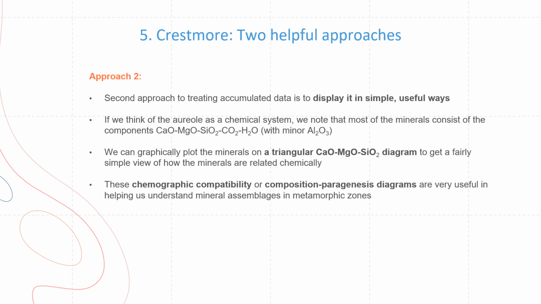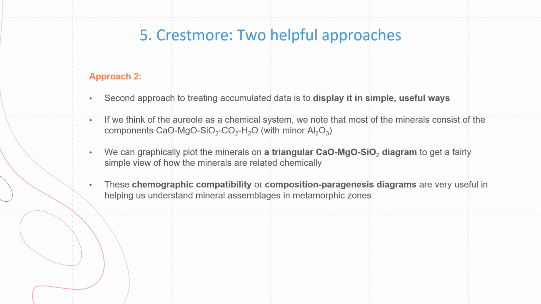The second approach to treating this accumulated data is to display it in simple, useful ways. If we are thinking of the aureole as a chemical system, we note that most of the minerals consist of the components CaO, MgO, SiO2, CO2, and H2O, with minor Al2O3.